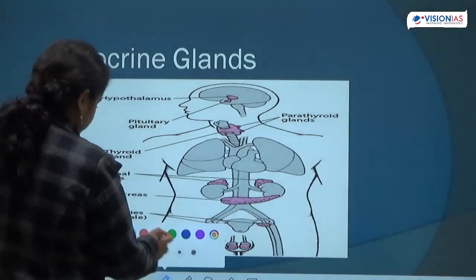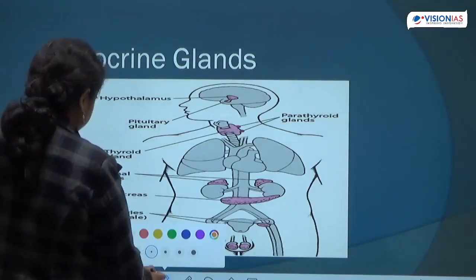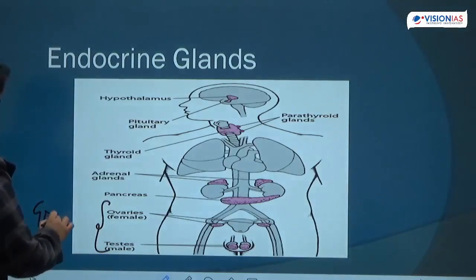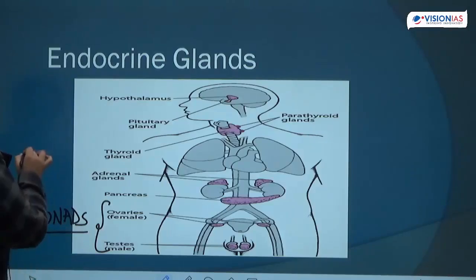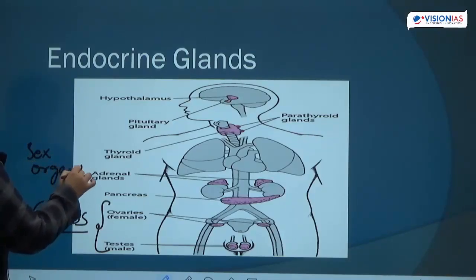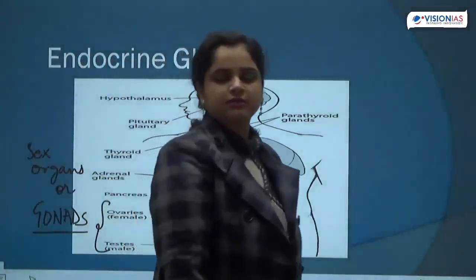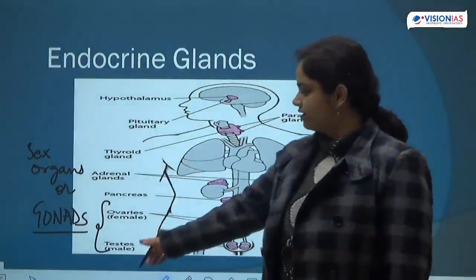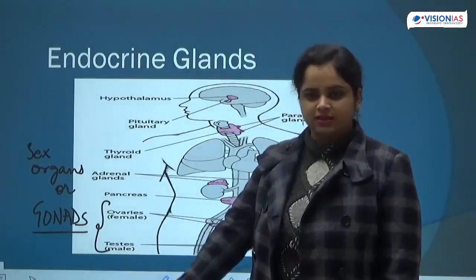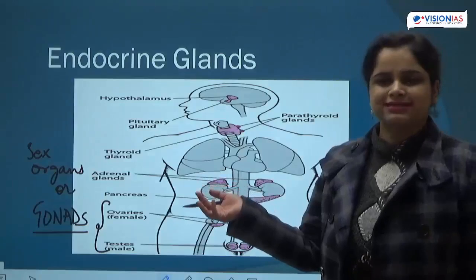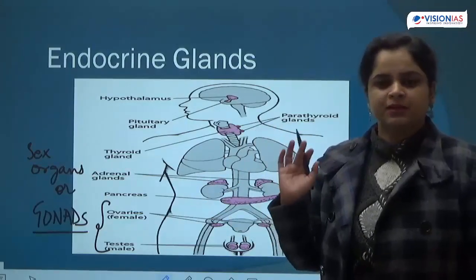Together, they are called the gonads or sex organs. Sex organs or gonads, that is the name for ovaries and testes together, right? One person can have either ovaries or testes, that will be determining their sex.